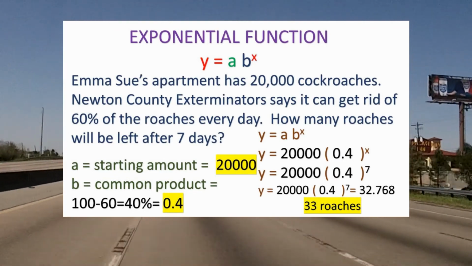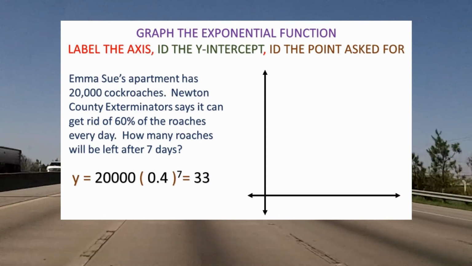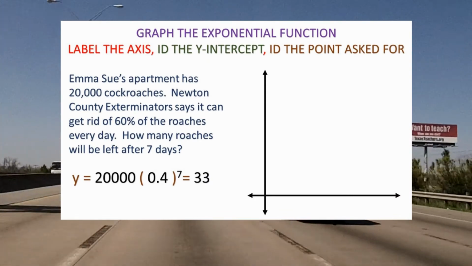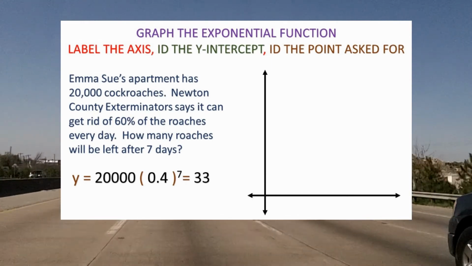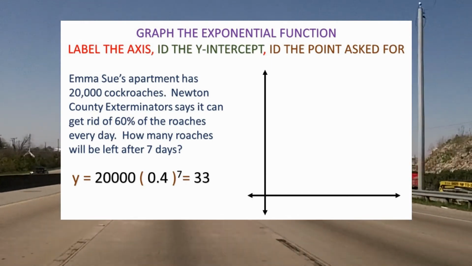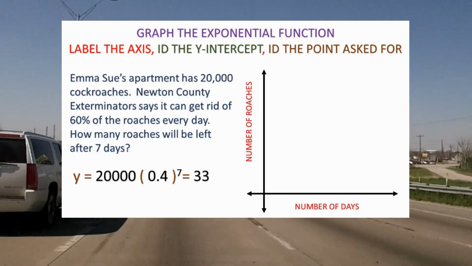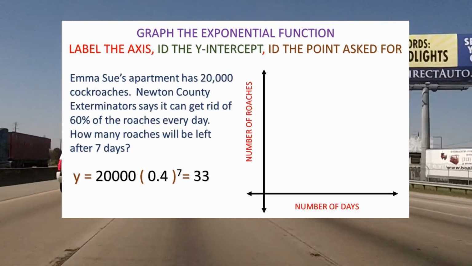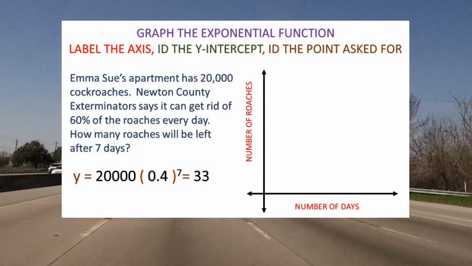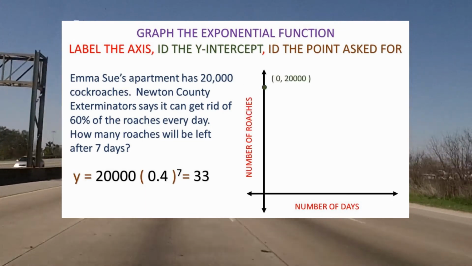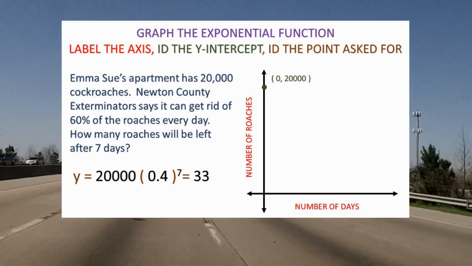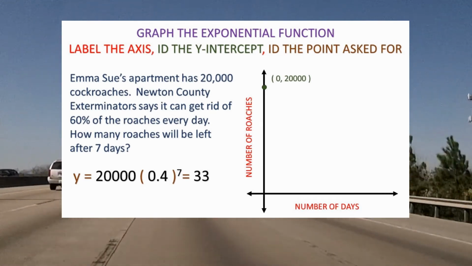Now that we know the quantity asked for, we'll graph the problem as with the others. We'll label the x-axis, identify the intercept, and identify the point asked for. As with the others, we'll only use the first quadrant. The y-axis will be the number of cockroaches, and the x-axis, a unit of time, will be the number of days. The next step is to label the y-intercept, which will be (0, 20,000).